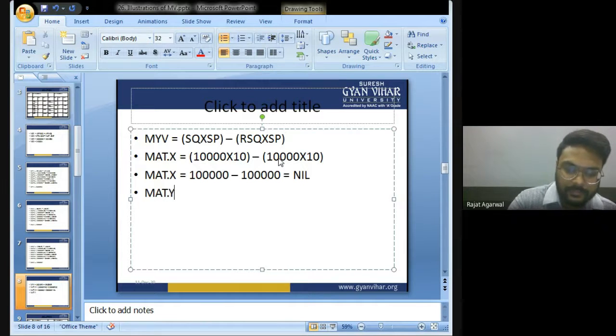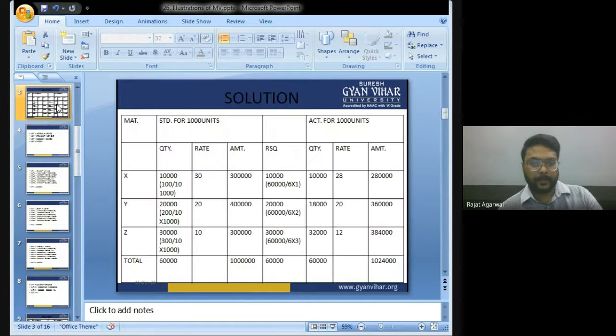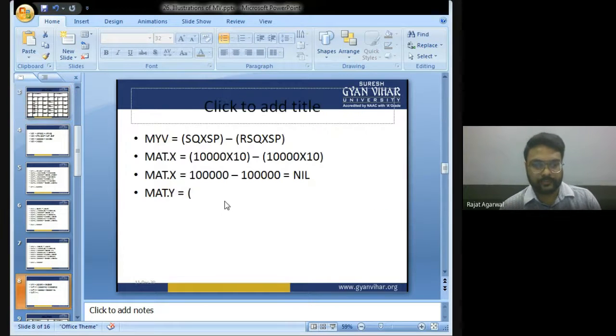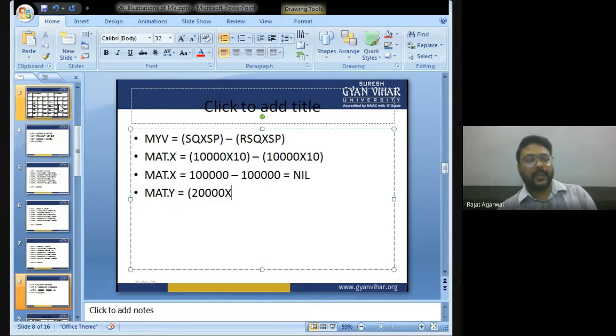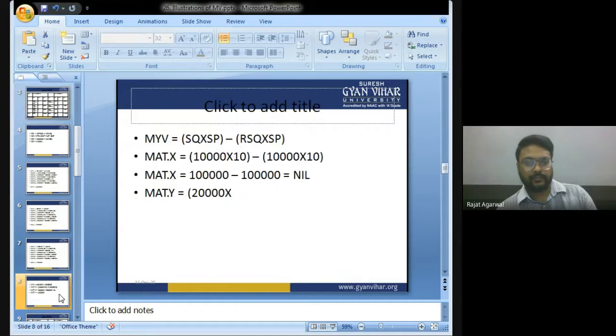Material Y. Standard quantity of Y is 20,000, standard price of Y is 20.